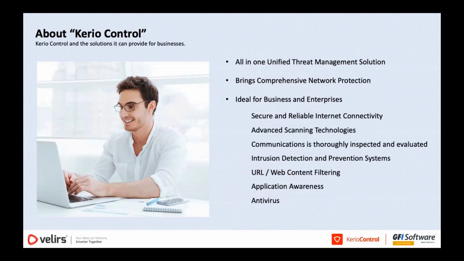It has advanced scanning technologies like deep packet inspection as well as port scanning, so communications are thoroughly inspected and evaluated before passing through to the end users. Kerio Control has an intrusion detection and prevention system, content filtering, application awareness, antivirus, bandwidth management, and more.